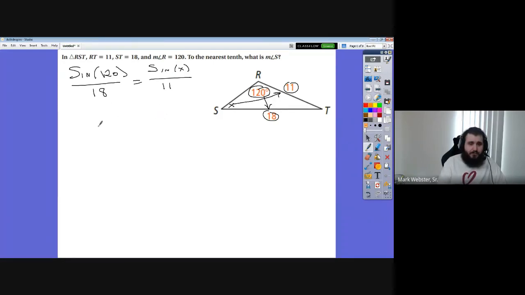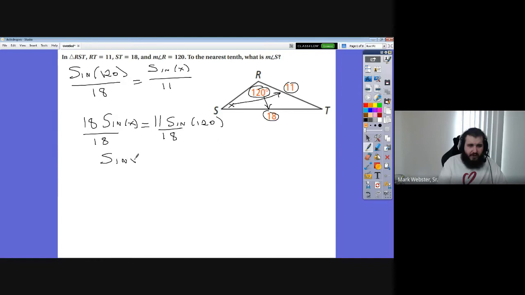We got 18 times the sine of x equals 11 times the sine of 120. Well, I still have to solve for the sine, so let me divide the 18 over. Let's look at what I have.